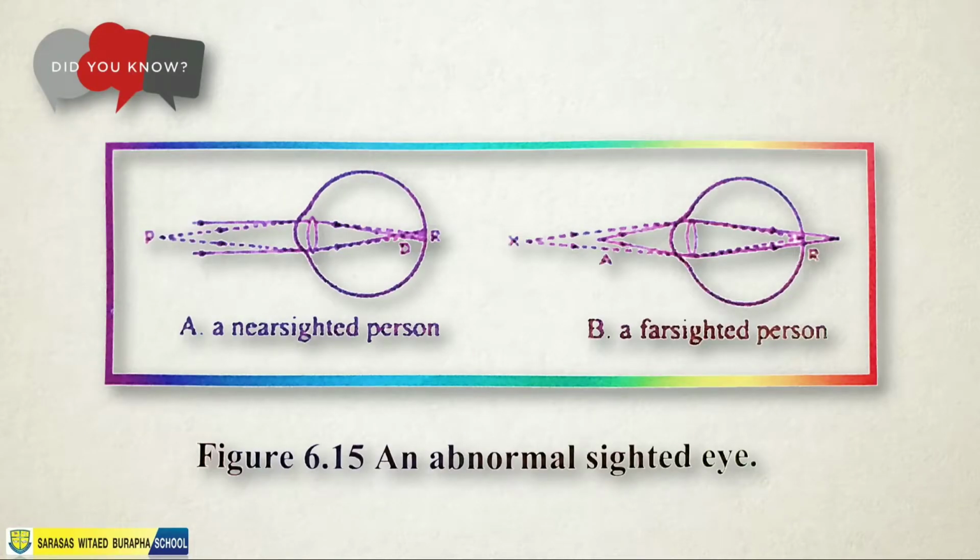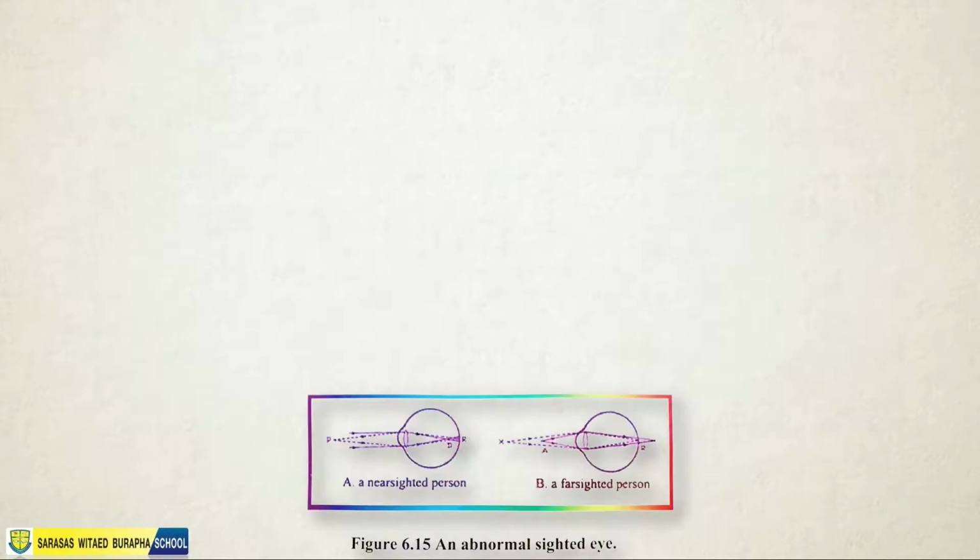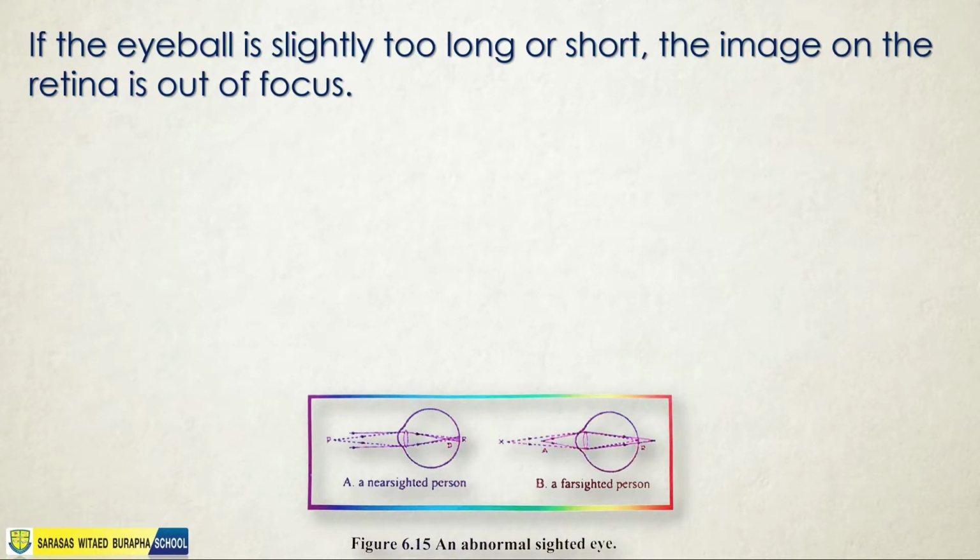Here's an example of an abnormal sighted eye. Figure A, it says there, a near-sighted person, while B, a far-sighted person. Let's proceed further. If the eyeball is slightly too long or short, the image on the retina is out of focus.